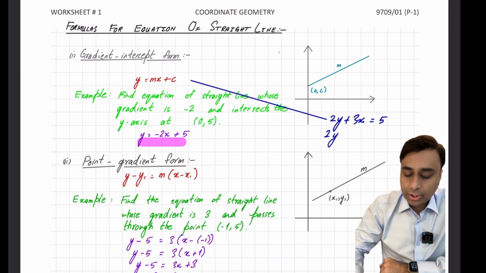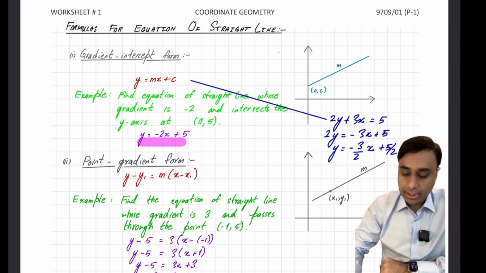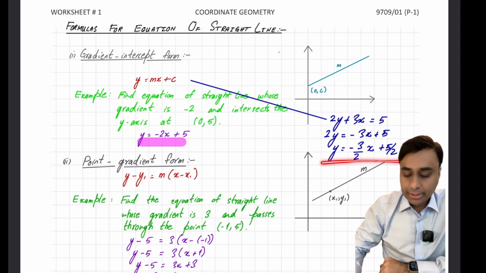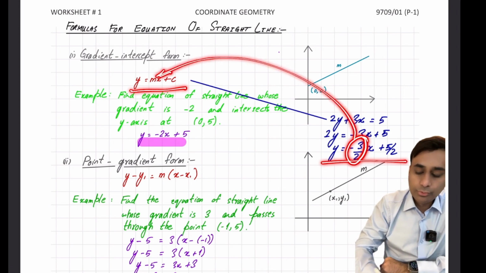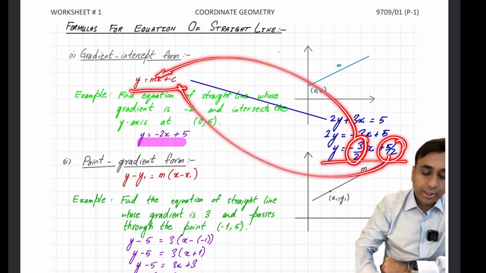In one step, it becomes 2y = -3x + 5. In the next step, it becomes y = -3/2 x + 5/2. I've divided by 2 on the other side. So by comparing this with the form y = mx + c, I can directly see that the gradient is -3/2 and the y-intercept is 5/2.